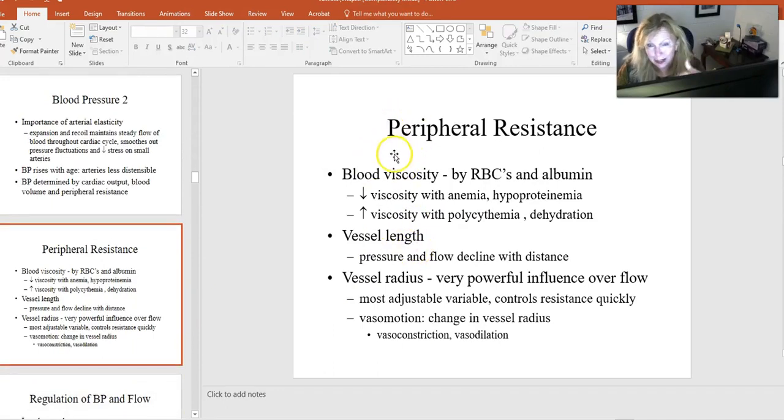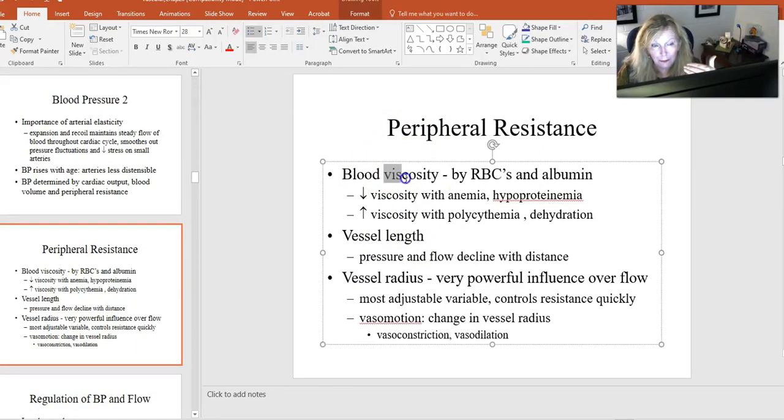Again, as far as resistance and how blood flows, we talked about viscosity. I told you that a lot of this would be repeat from a couple of other chapters in cardiovascular. The thickness of blood is dependent on red blood cell amounts and albumin, which is the major protein supplied by the liver and the plasma.